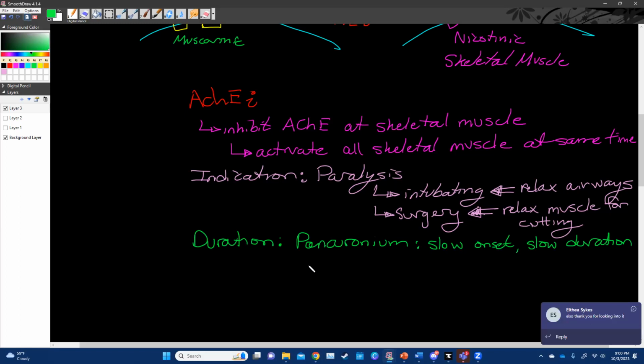Whereas pipecuronium has a fast onset, slow duration.